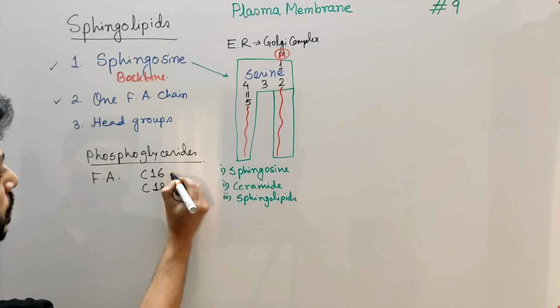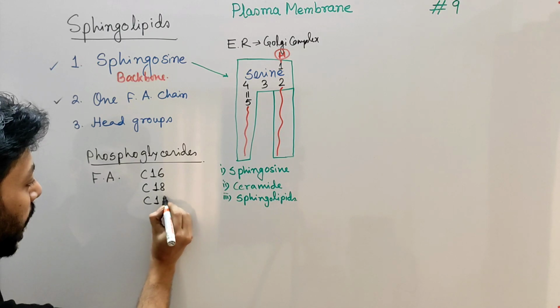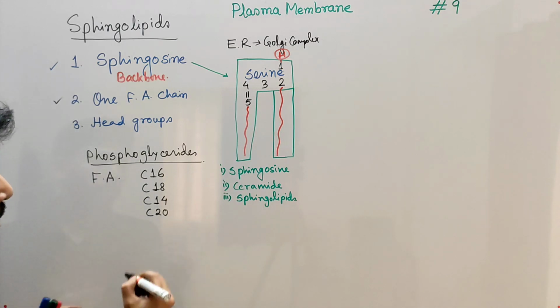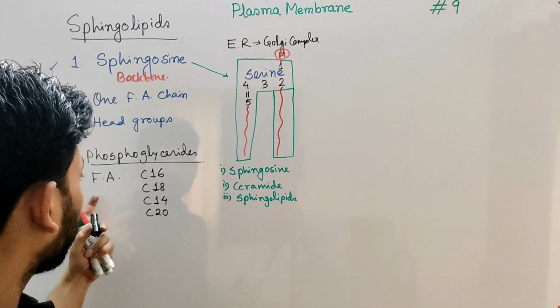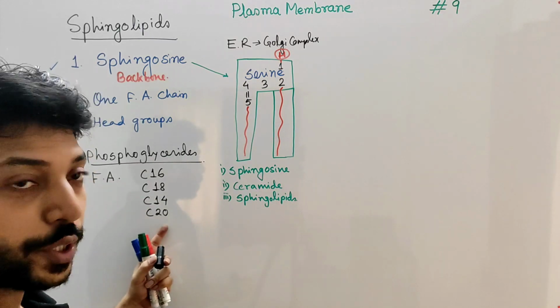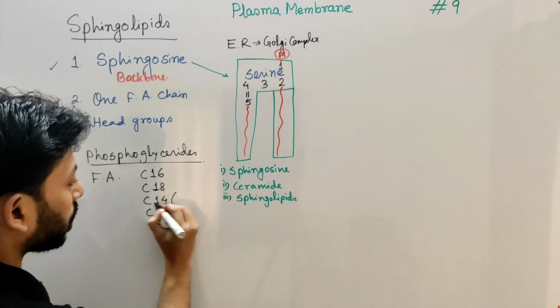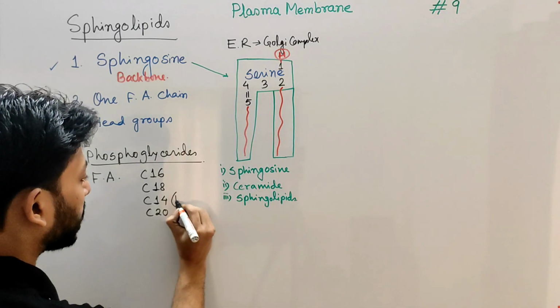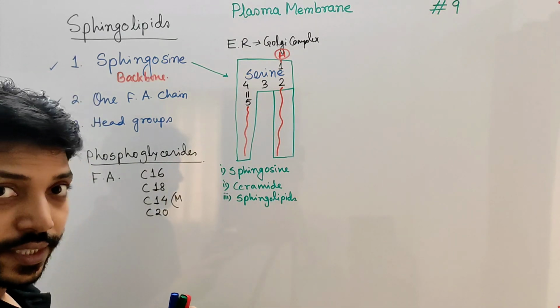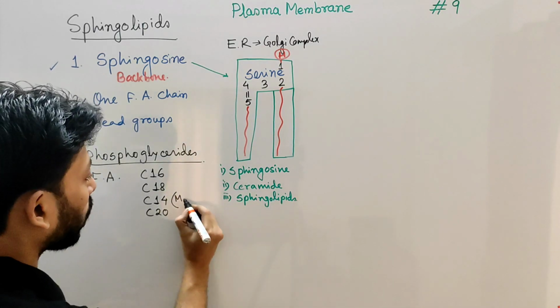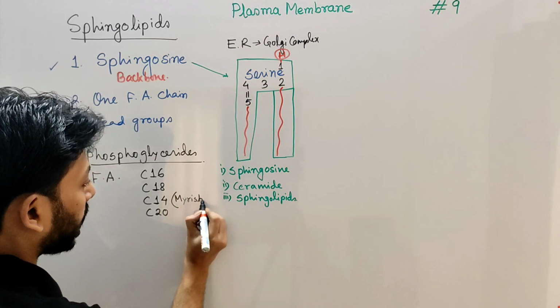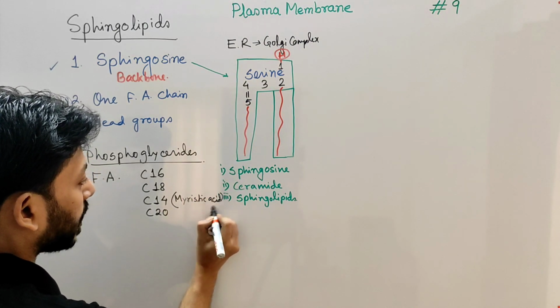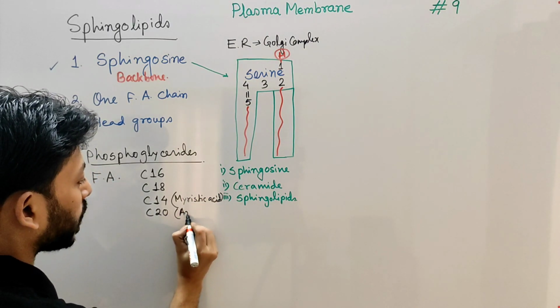But C14 and C20 fatty acids are also found. That means those fatty acids contain carbon number 20 or 14. The C14 fatty acid is called myristic acid. And in case of C20, we call it arachidonic acid.